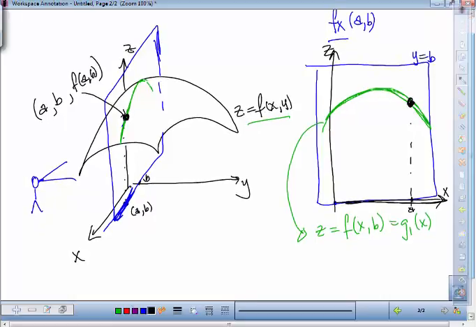So, since we know the derivative, well, like I said, this is just like a regular prime because it's really just a function of x. But we have to go back and pretend that it's a partial, so we'll do the partial derivative here. df dx of xb.